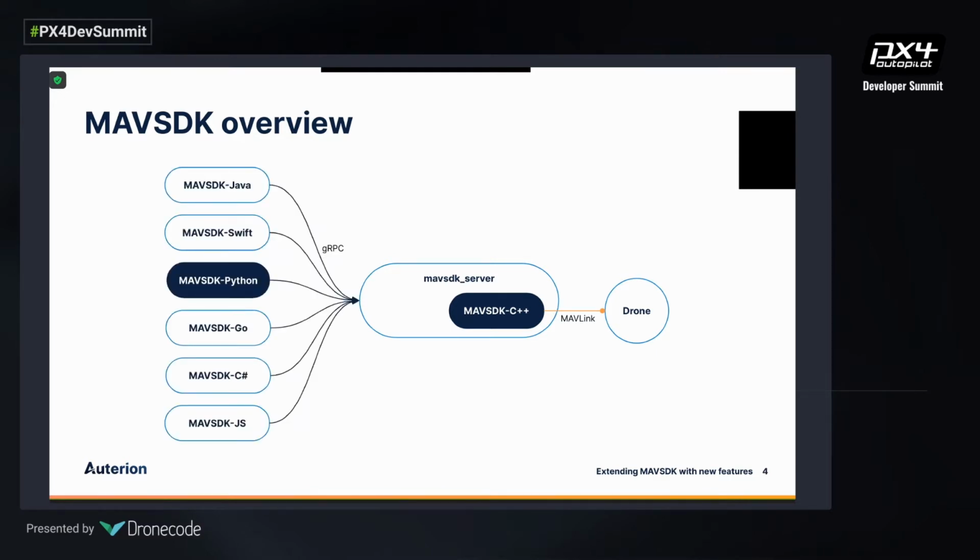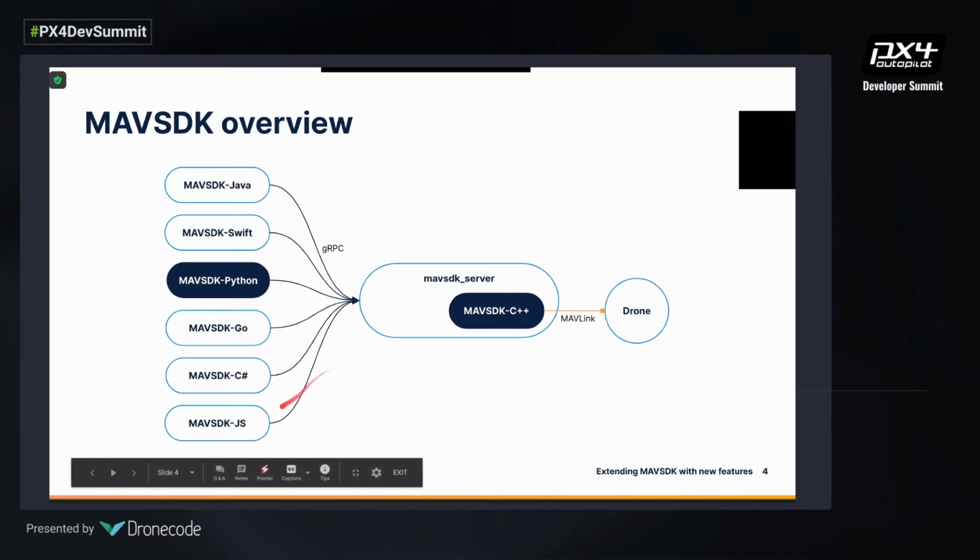MAVSDK server is an executable that uses MAVSDK C++ internally, and that exposes a gRPC interface to the language bindings. I will be focusing on adding a new feature to MAVSDK C++ and showing you how it propagates to MAVSDK Python, but it's the same thing for all of the other language bindings.